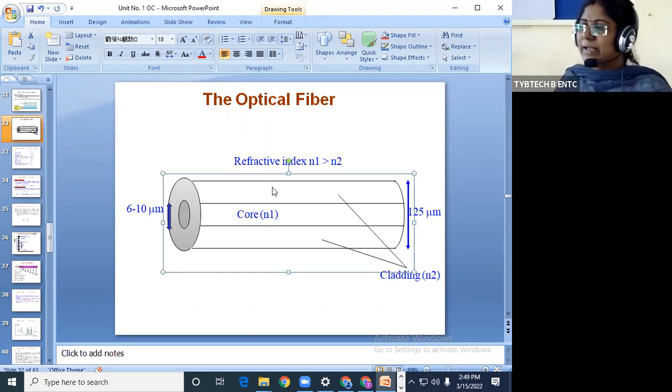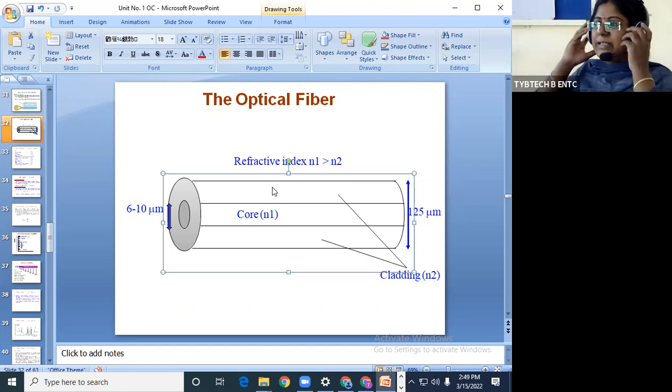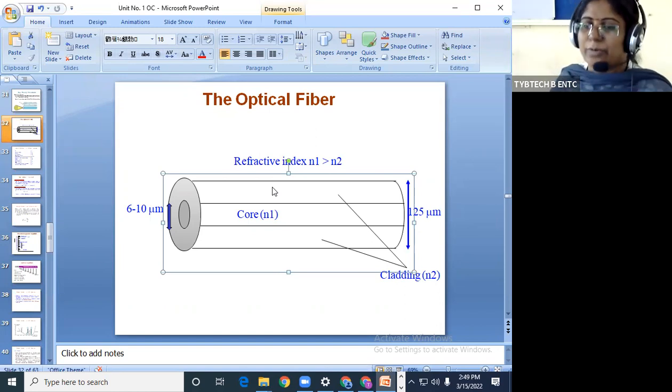You can write down that line. The basic working principle of optical fiber is total internal reflection.